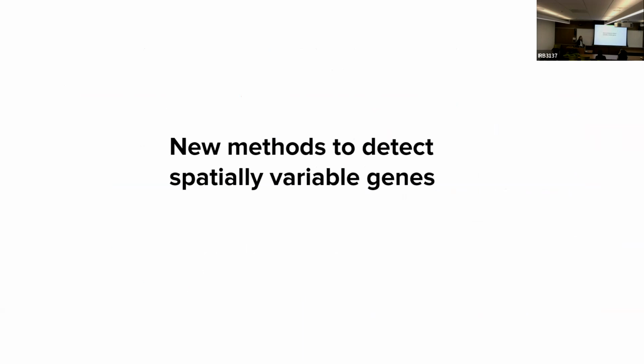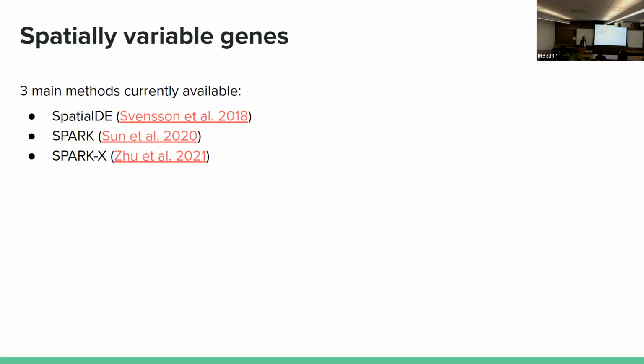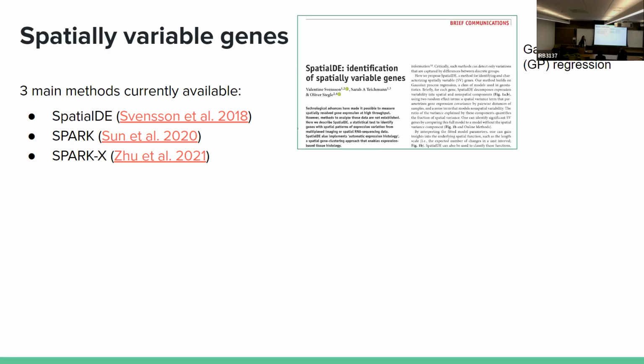There are also new methods. One that was released in 2018, believe it or not, before any commercialization of this, by Valentin Svensson, called Spatial DE, and then more recently by Zhao Zhang at the University of Michigan. The first one is based on classic Gaussian process regression.